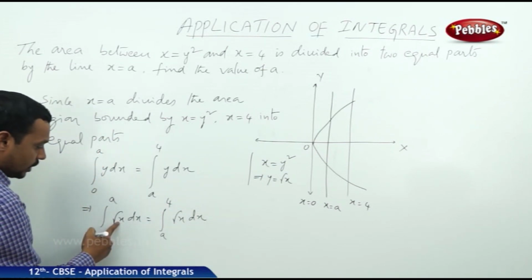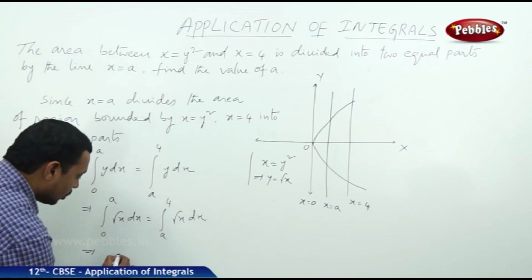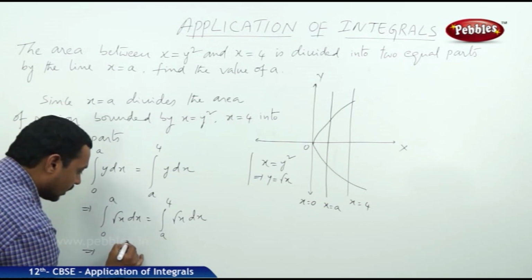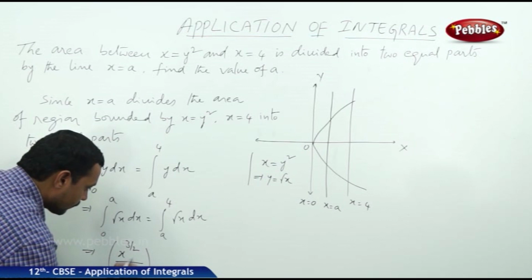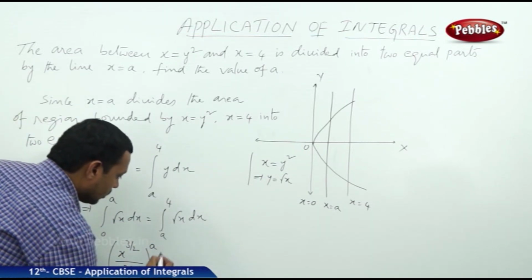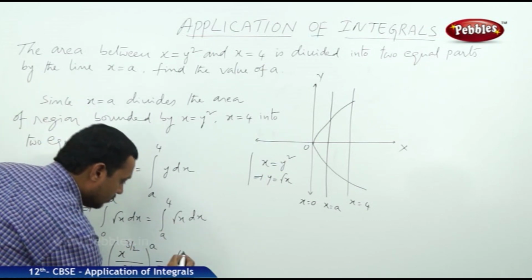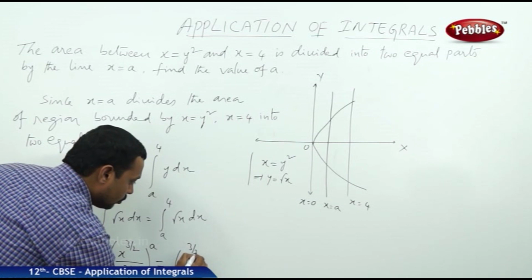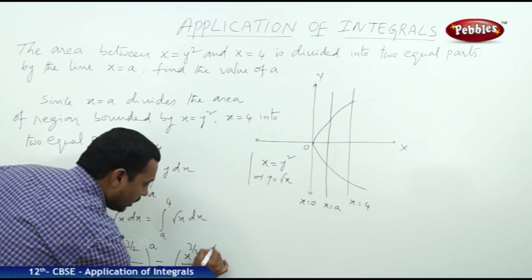Now root x means x power 1 by 2. Integral of x power 1 by 2 is x power 1 by 2 plus 1, that is 3 by 2, divided by 3 by 2, between 0 to a, is equal to, now here also the integral value is the same, x power 3 by 2 by 3 by 2 between the limits a and 4.